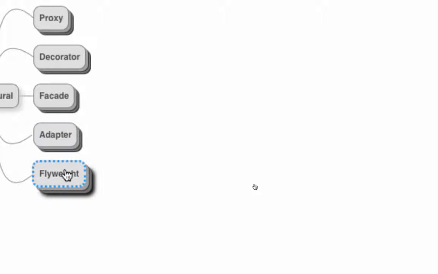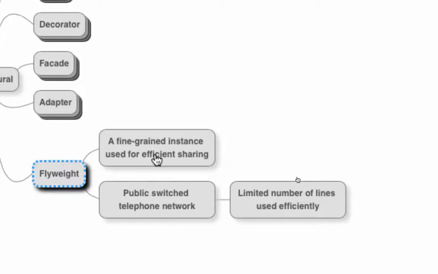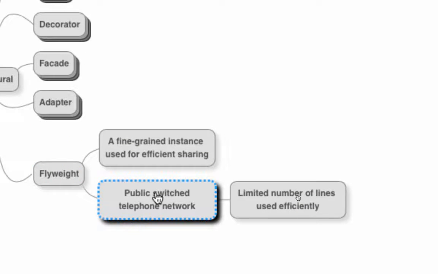The next pattern we are going to talk about is the flyweight pattern. So what is a flyweight pattern? To understand it, let's take a real world example. In the earlier days, we used to have the public switch telephone network. There are about 5-6 connections which might be present, but these are used to serve all the people who live in a particular locality.